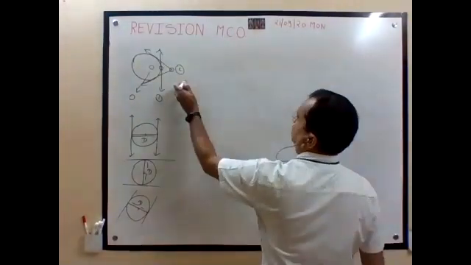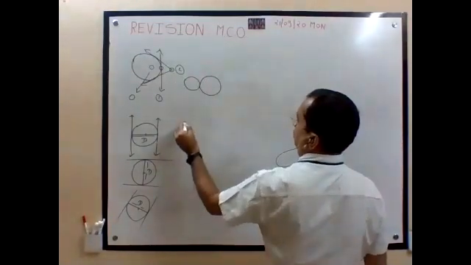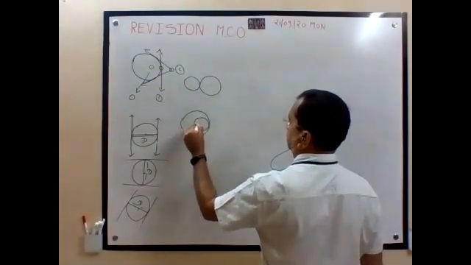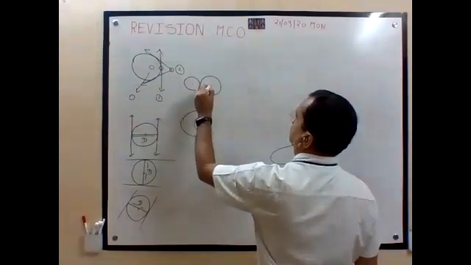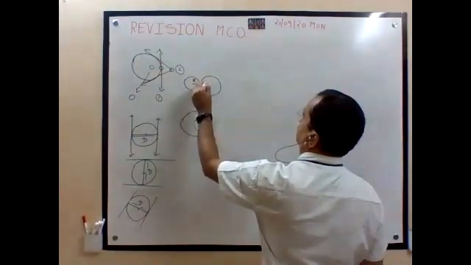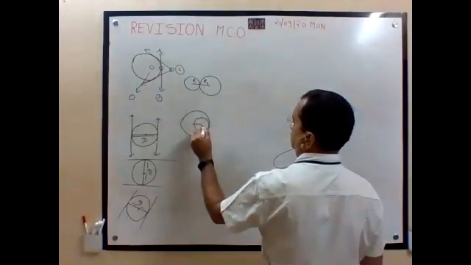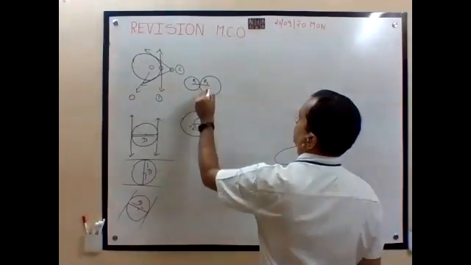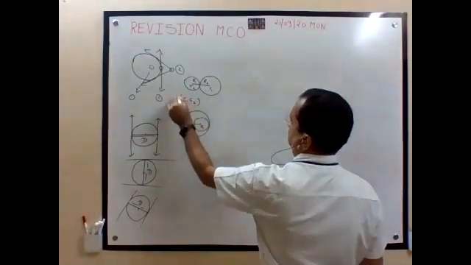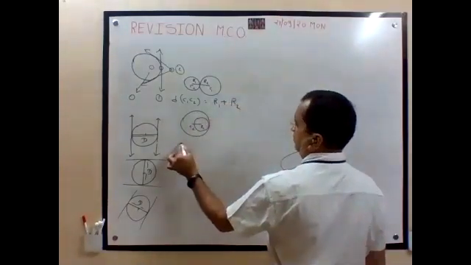Now, two circles touching externally. Two circles touching internally. R1, R2. This is center 1, center 2. So C1C2 distance means the distance between the two centers. This is R1, R2.